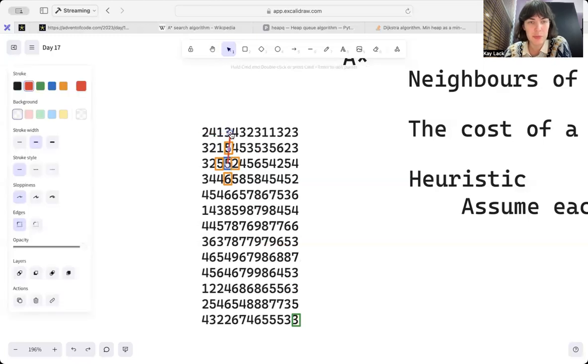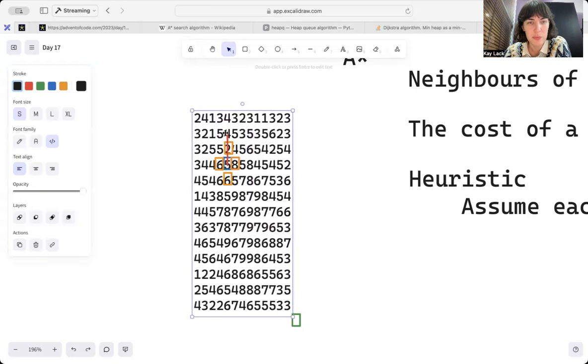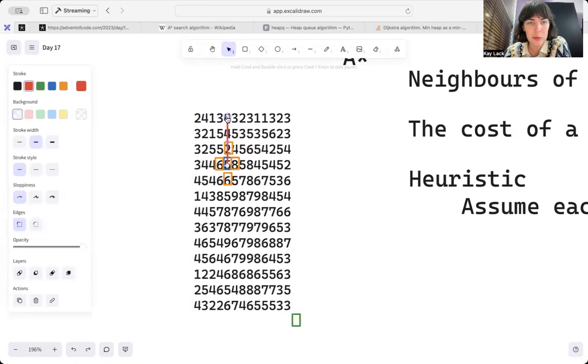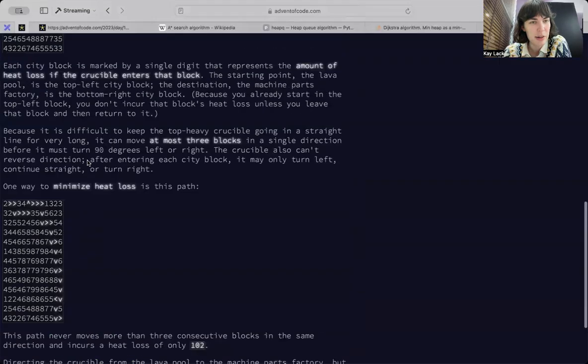Let's say we've come from up here. We've gone 1 down, we've gone 2 down, and we can go another 1 down. So if we're here, we could go left or right, or we could go, in fact, this is going to make things harder, isn't it? Let me choose a different example. Let's imagine we're in here. Let's say we've come from here. We can go any direction, that's fine. Now, if we've come from here, and we've gone down, down, and down, we can now no longer go straight ahead. Because, in fact, can we go back on ourselves?